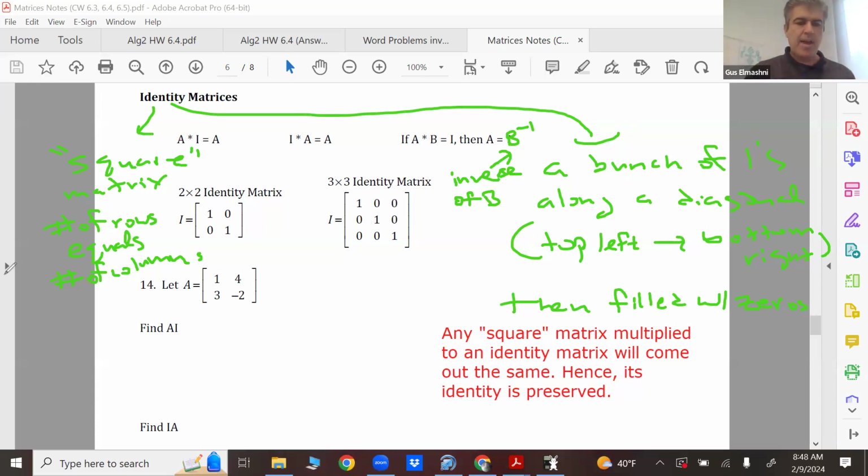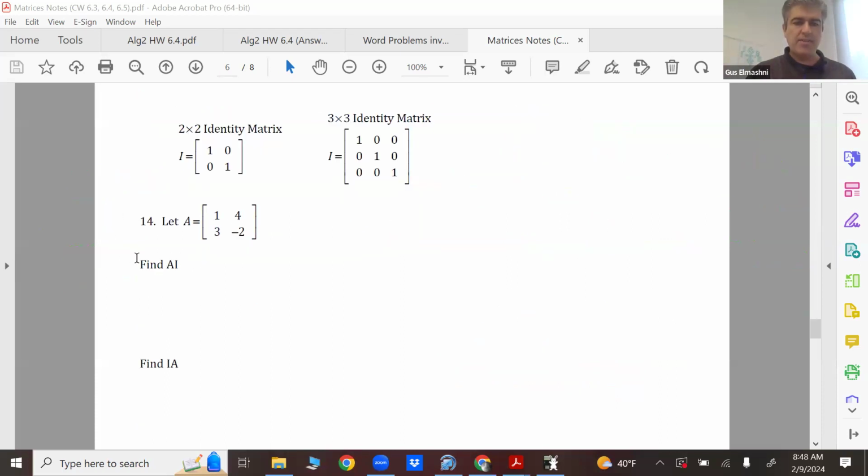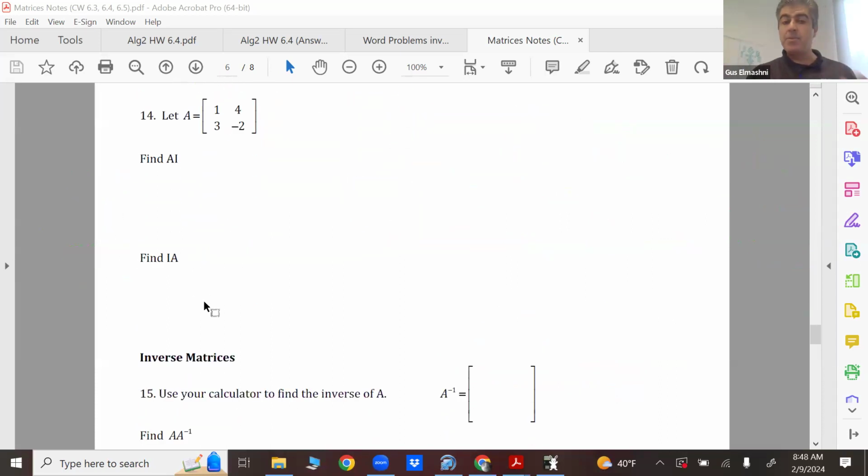So let's work out 14 so you can see this in action. And then we'll talk about inverse matrices on the next page, and then we'll work out some problems. So here's what we're gonna do, guys. We got A, which is this, and we got I, which is this.